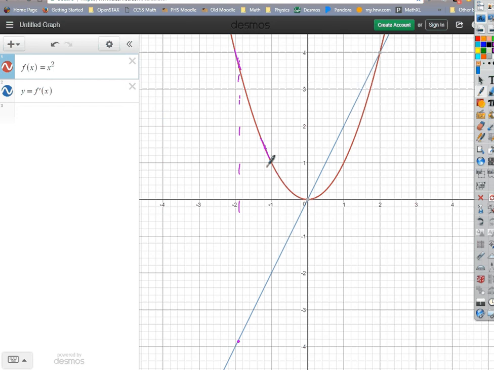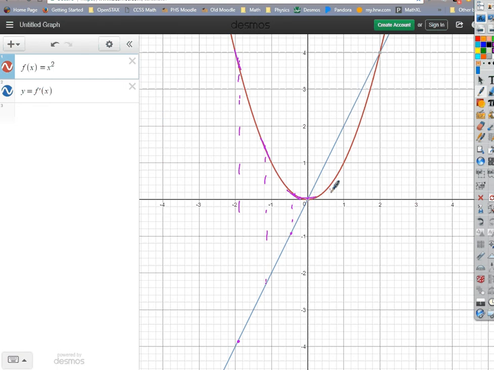Down here, it's not very negative at all, right? The curve is getting less severe, so less negative. Right there, it's a horizontal tangent, so it's at 0, and we have symmetry on a parabola, don't we? So we get the opposite happening on the other side, right?